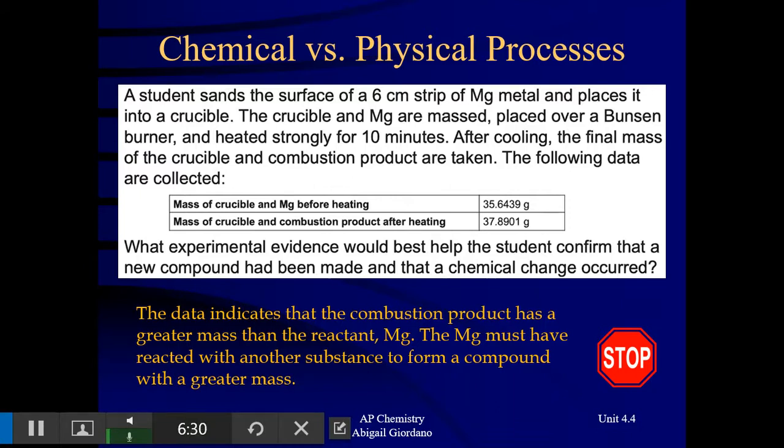This magnesium must have reacted with some other substance to form a compound with a greater mass. If you remember what the word combustion means, it means that the magnesium reacted with O2, oxygen in the air, to create magnesium oxide, which gained mass because it took in the mass of oxygen from the air. Now, you wouldn't have to say all of that, but you would at least need to say what is printed in yellow on the screen in front of you.